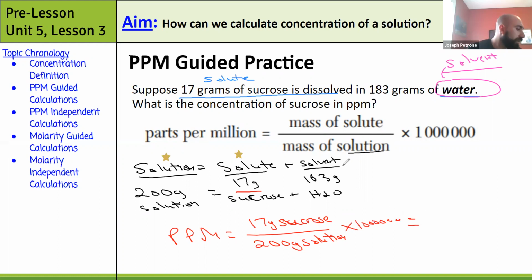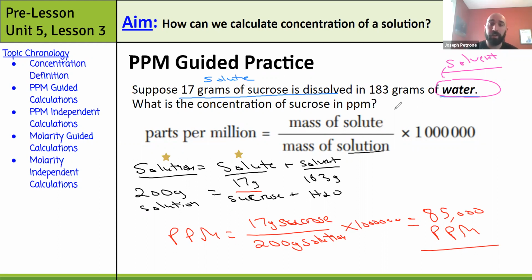And that should give you 85,000 parts per million. So once again, what this means, in our total mixture of sucrose and water, if I had 1 million particles, or 1 million molecules essentially, 85,000 of them are going to be sucrose, and the remaining would be my water.